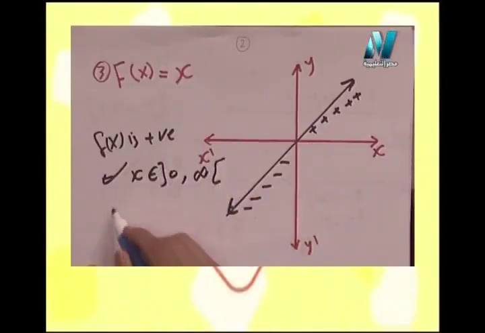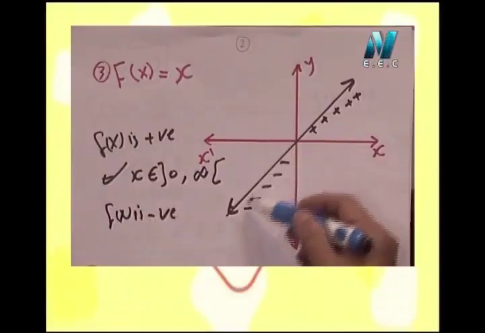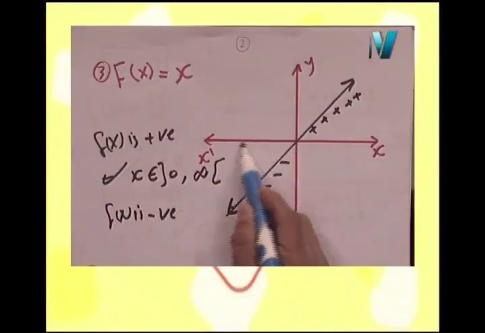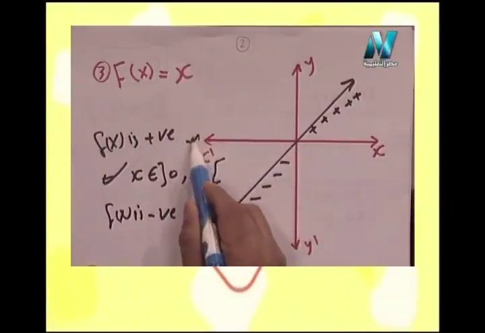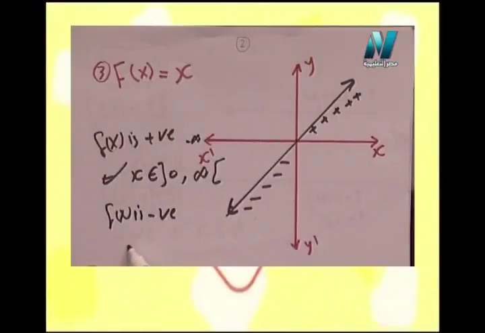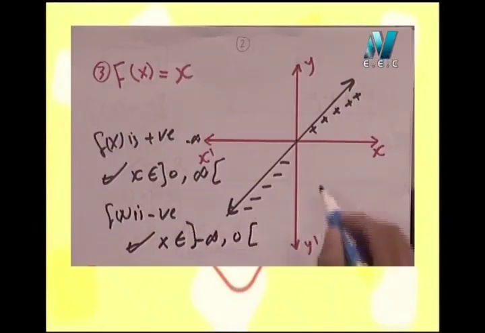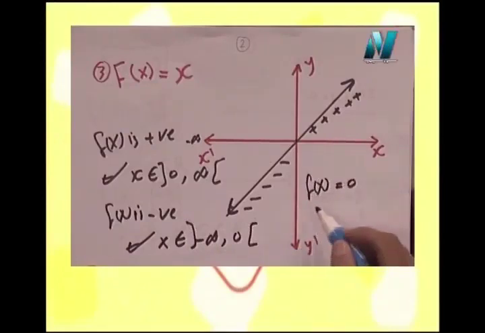And f(x) is negative where this part, which is represented by the x-axis here, starts from negative infinity to 0. So it is negative for all x belongs to negative infinity and 0. 0 is open, but this function equals 0 when x equals 0.